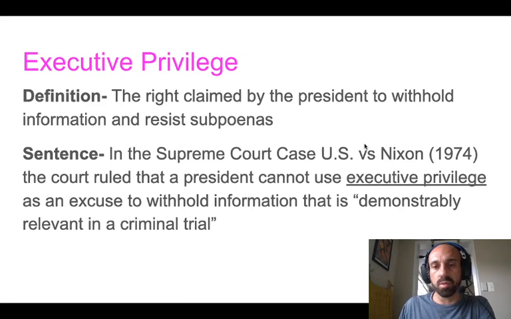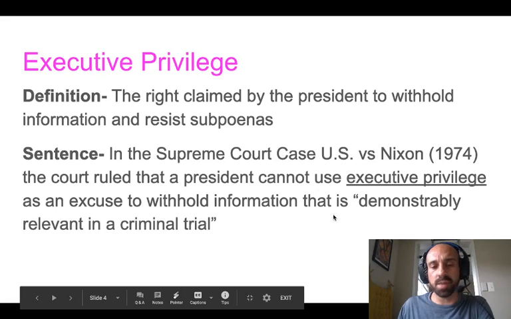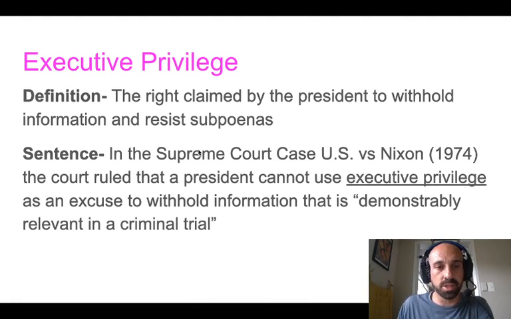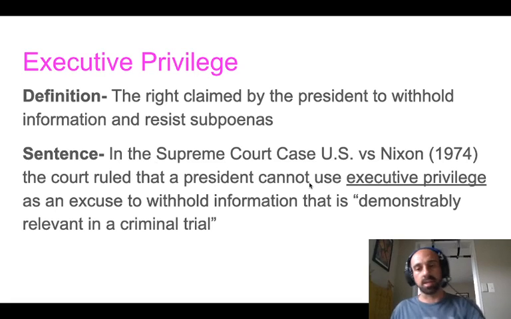This is really important to know because of the impeachment trial that happened rather recently. So just keep that in mind when you're thinking about executive privilege, and realize that there has been a Supreme Court case about executive privilege.